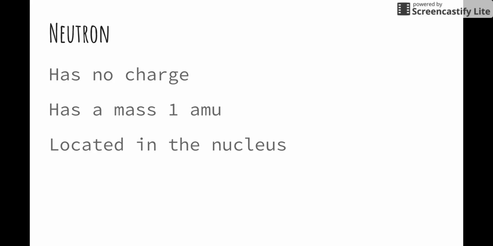And the neutron has no charge, which is really good, because if it was all positive charges in the nucleus of the atom, then protons would just repel each other. So the neutron being in there helps to balance out the forces that would repel the protons. It's actually a nuclear force that ends up holding it together. And like the proton, a neutron has a mass of 1 atomic mass unit.